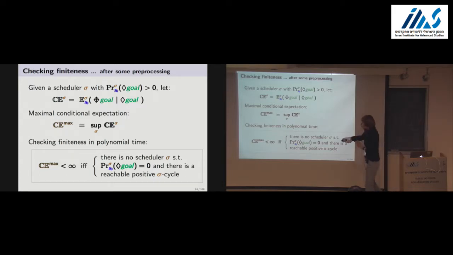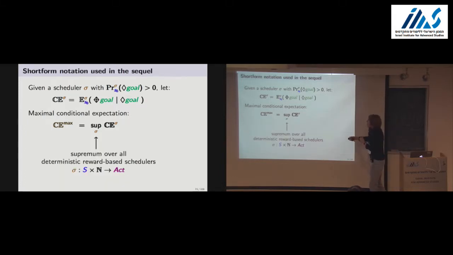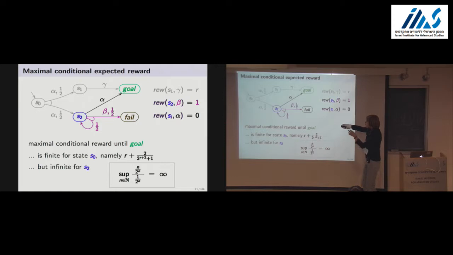Well, what is the rationale behind this? Maybe go back to the example. From state S2, this is infinite. And here we have this situation, the scheduler which only chooses beta. This one reaches goal with probability 0, and we have a positive cycle, namely this one.